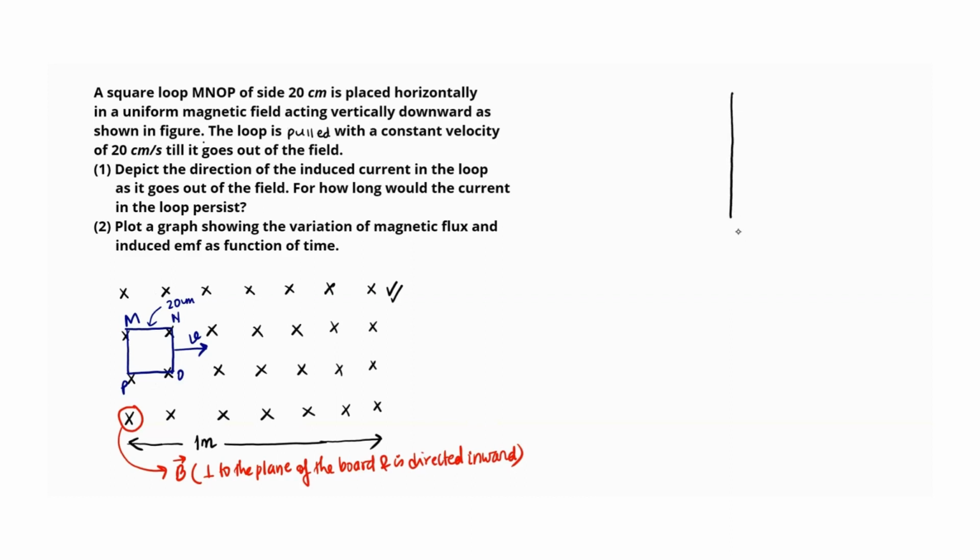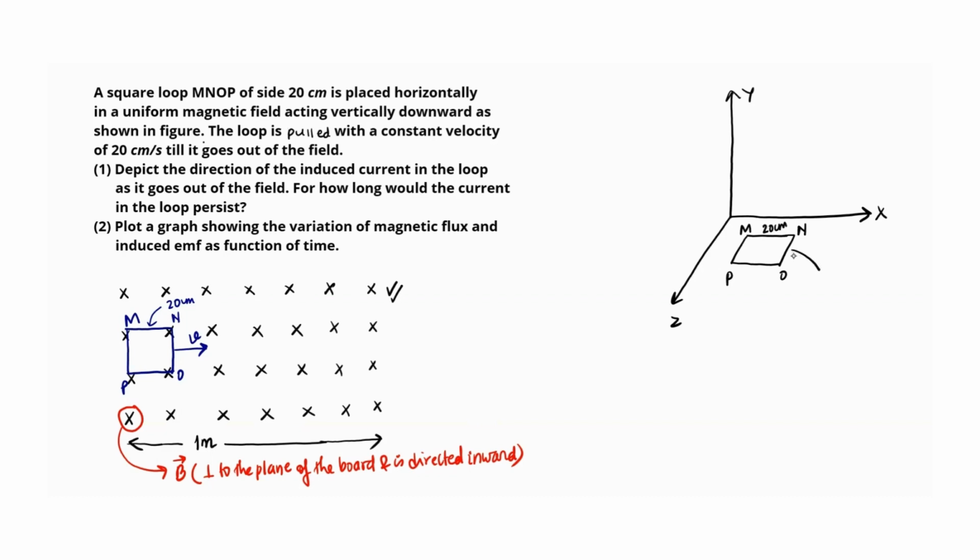Now we can understand this situation or figure in this way also. We have, let's say, X, Y and Z axes. We have a square loop MNOP of side 20 centimeter.